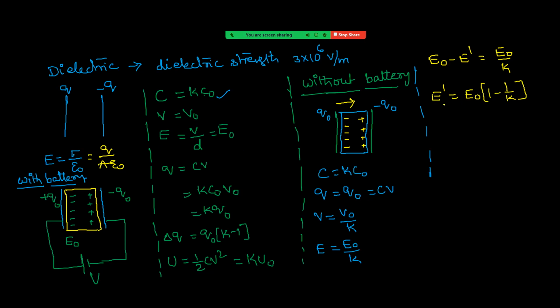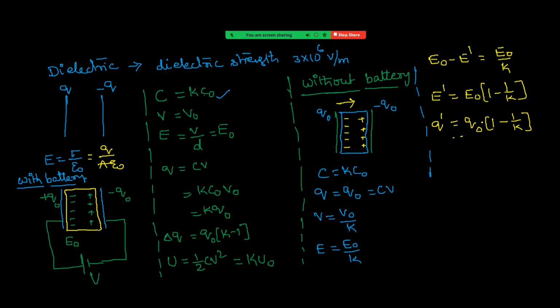So here I can write Q dash in the place of Q. Charge induced in the dielectric is equal to, in the place of E naught, Q naught into 1 minus 1 by K. So how much charge is induced on the face of the dielectric? It is given by Q naught into 1 minus 1 by K.